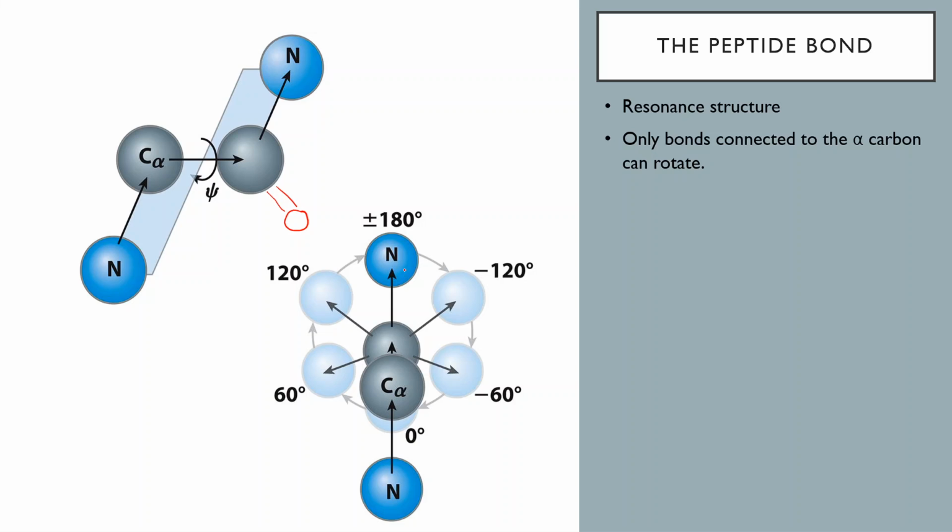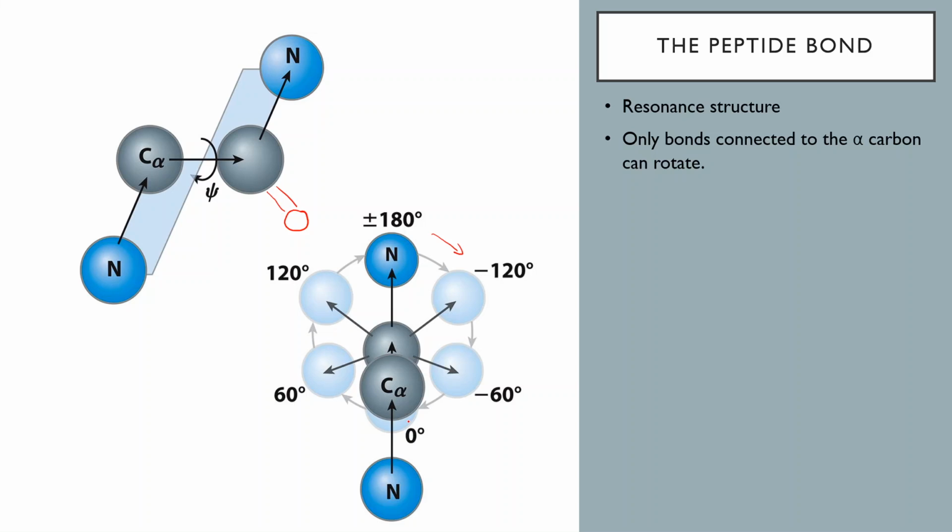If you rotate it clockwise 60 degrees this way, that would give you a psi angle of negative 120 degrees. Another 60 degrees clockwise, and you're at negative 60. Another 60 degrees, and you'd be at 0 degrees, which means that the nitrogens are both on the same side of this bond.